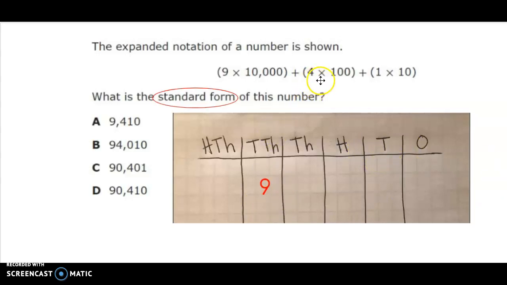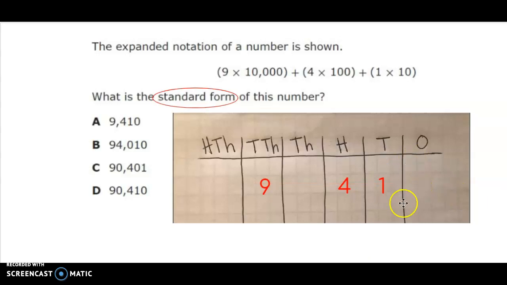Okay? 4 times 100. So now we're looking at the hundreds place. And we know a 4 is going to go in the hundreds place. And last we have 1 times 10, which means a 1 is going to go in the tens place.